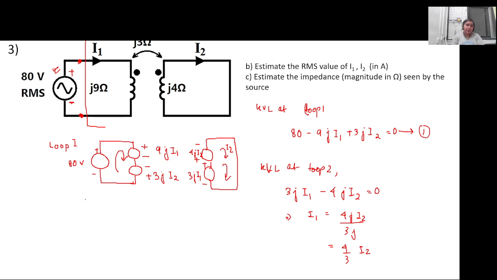Let's substitute I2 instead, so I2 is 3 by 4 I1. It's the same thing anyway. Now if we substitute I2 in equation 1, it will be 80 minus 9j I1 plus 3 into 3 by 4 I1 equal to 0.